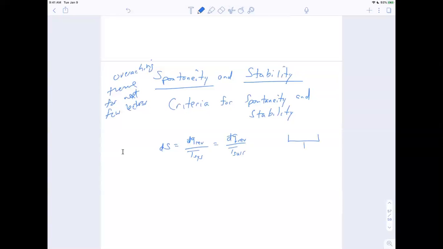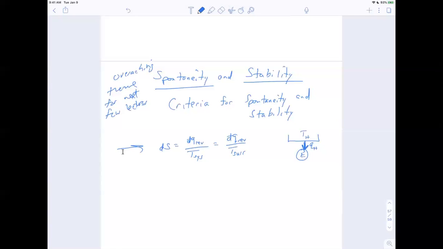Remember in the Carnot cycle, our engine had a reservoir at T hot, and Q hot was coming into the engine, which is our system, at a temperature T hot. So the system temperature and the surrounding temperature both have to be at T hot.